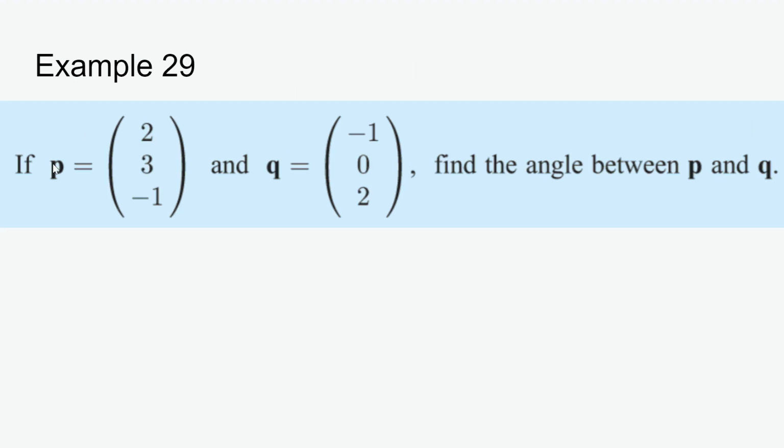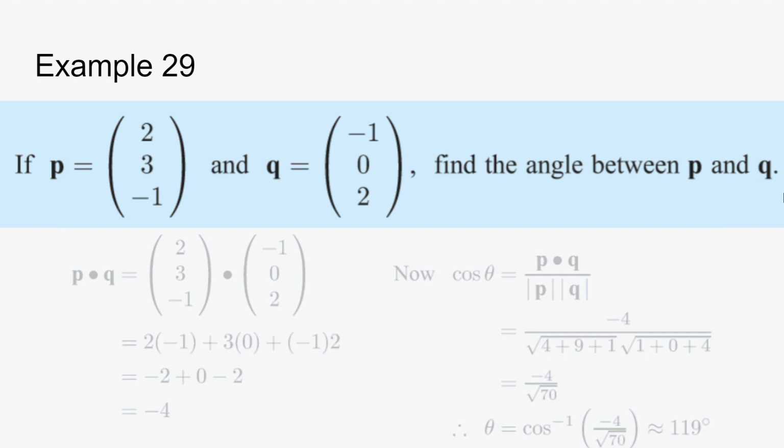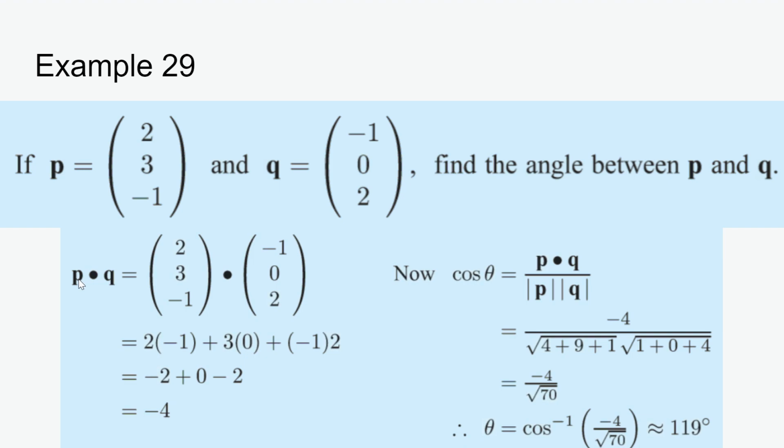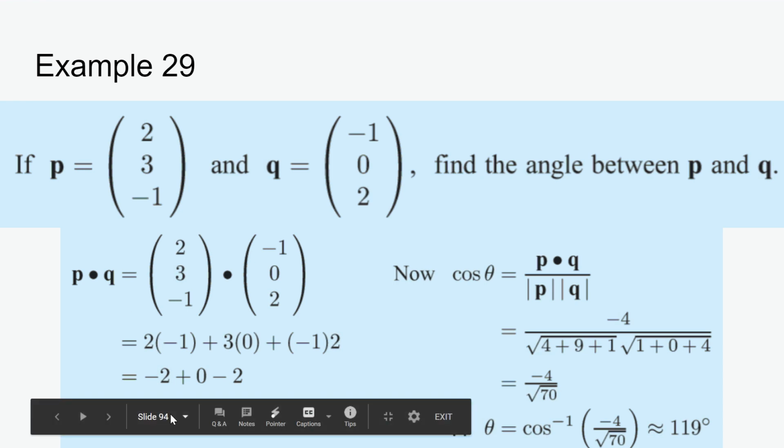So if vector P is (2, 3, -1), and vector Q is (-1, 0, 2), and I'm asked to find the angle between P and Q, well, I can start off by finding the vector P dot vector Q. That's just -4.